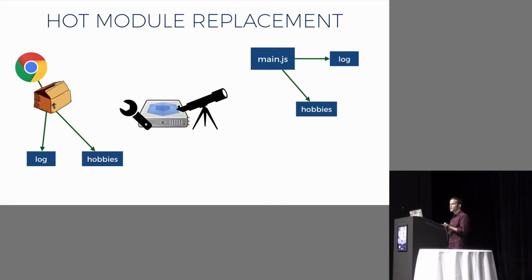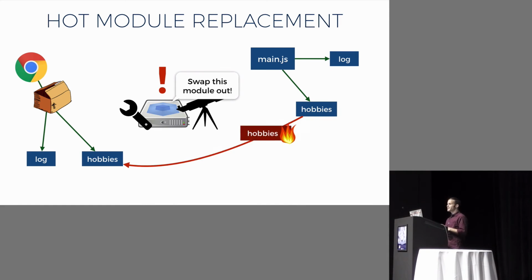So I have the log module, I have my hobbies array, and then if I'm over in my text editor, and let's say I edit my hobbies, again, Webpack Dev Server is going to notice that, but in this case, it's going to create a hot swap copy of it, and then it's going to send that down to the browser. But in this whole process, all it's done is literally swap out that hobbies array in my browser code, in the bundle file, without having to refresh the browser.